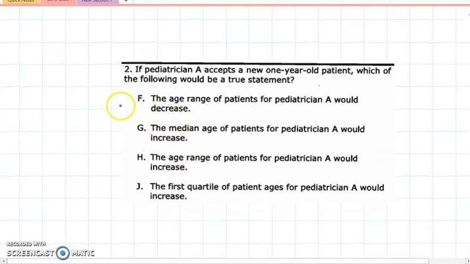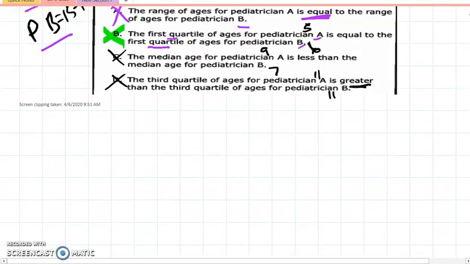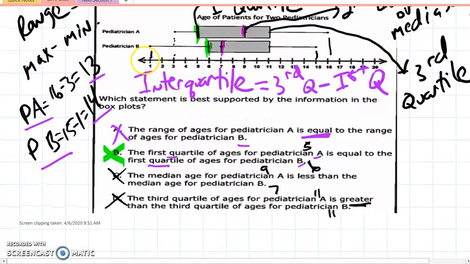It says, number one: if pediatrician A accepts a new one-year-old patient, which of the following would be a true statement? So let's see what happens. Let's say A here gets a one-year-old patient. These are the ages. Well, that means this is going to go from here to here now.